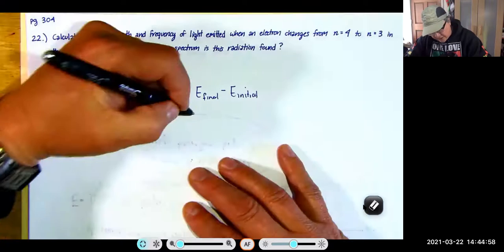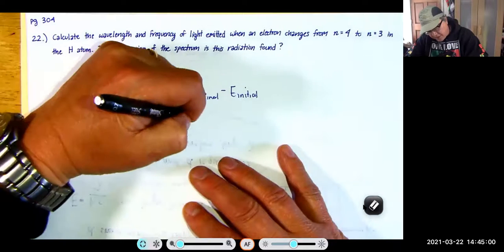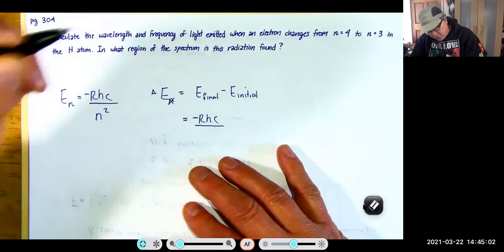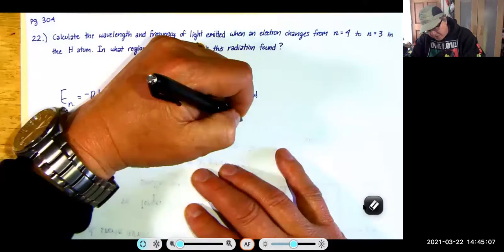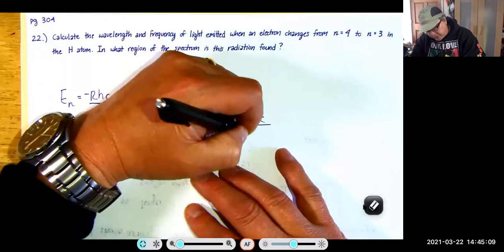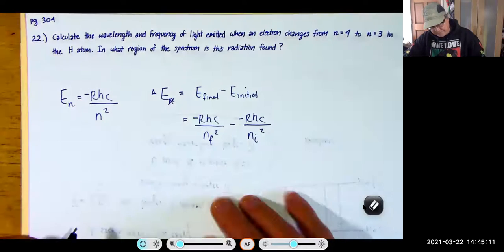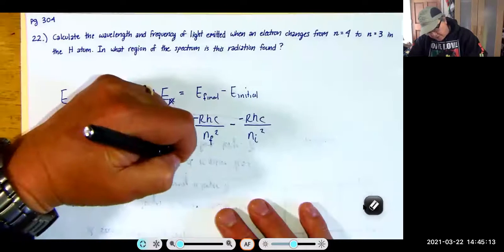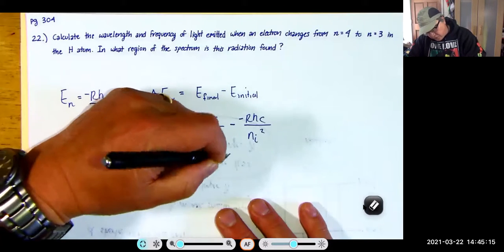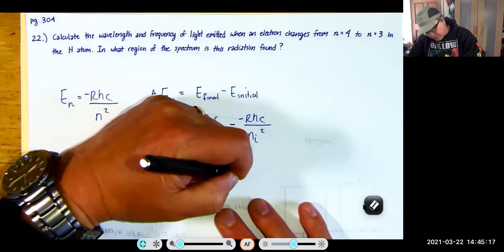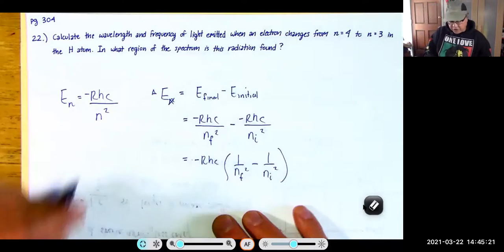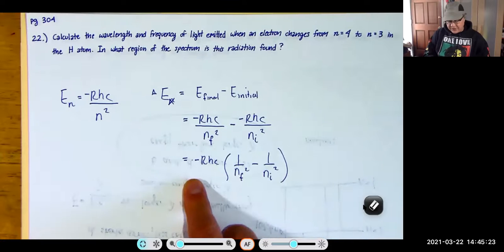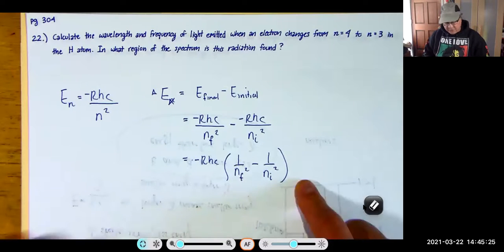So here, the energy final is going to be negative RHc over n final squared minus negative RHc over n initial squared, which is equal to negative RHc times 1 over n final squared minus 1 over n initial squared. So this allows us to calculate the change in energy if we use this formula.